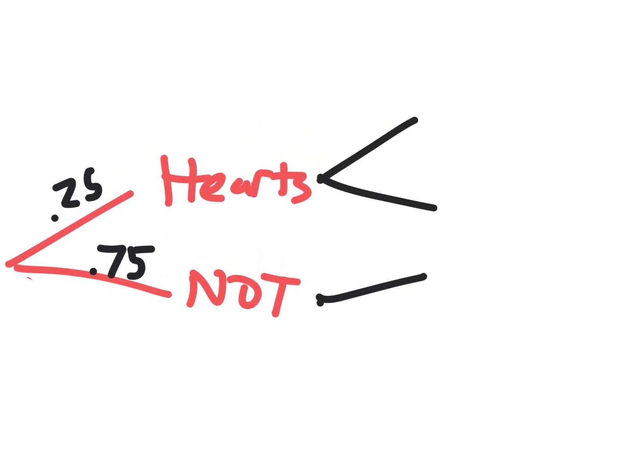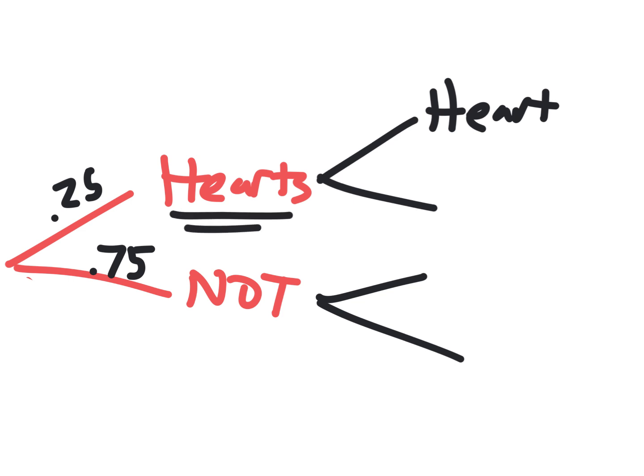But the next one is definitely more complicated. Because now, hearts is not a 25% chance, because they said in the problem that you take out the first card and you don't put it back. So now my hearts probability is there's not 13 in there anymore. If I went down this road, if I went that way, then now there's only 12 hearts left. And there aren't 52 cards anymore.